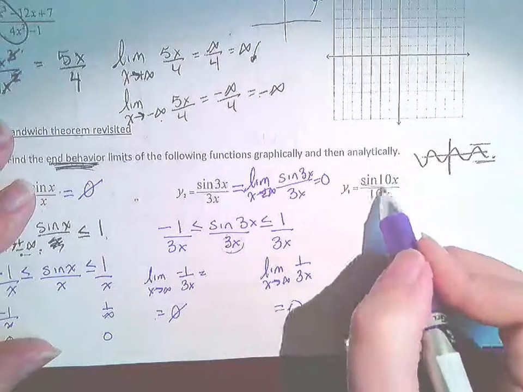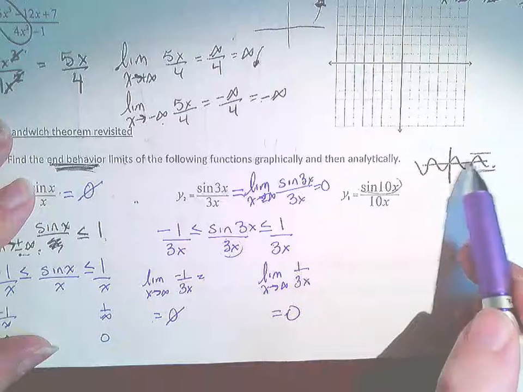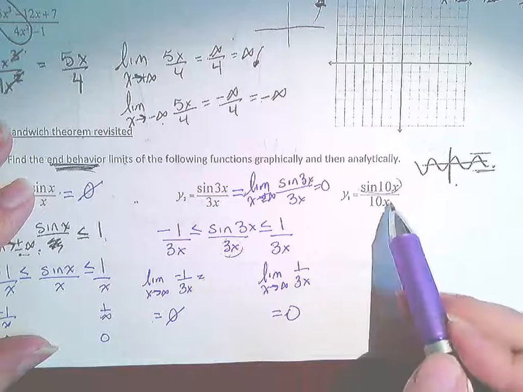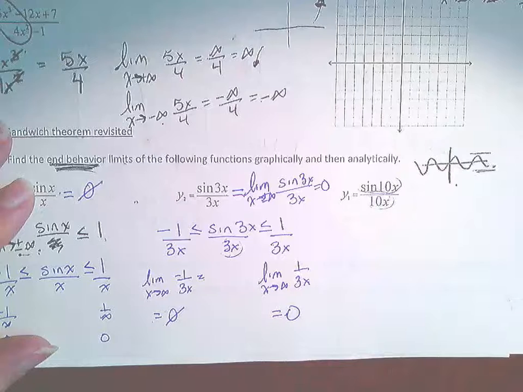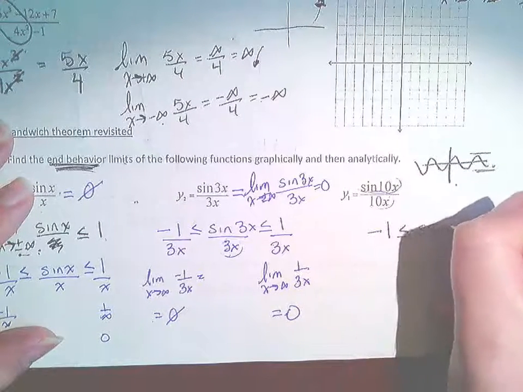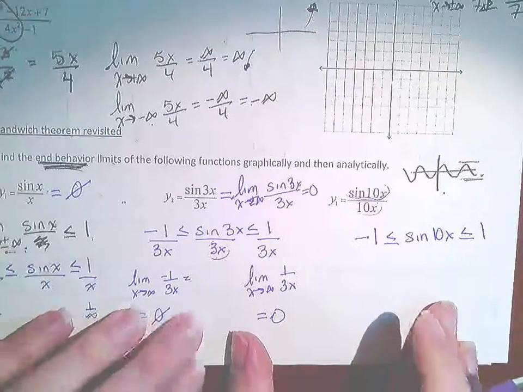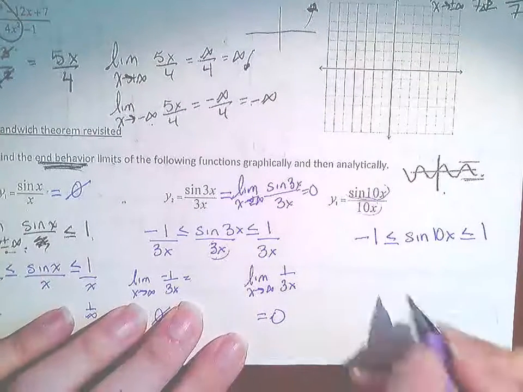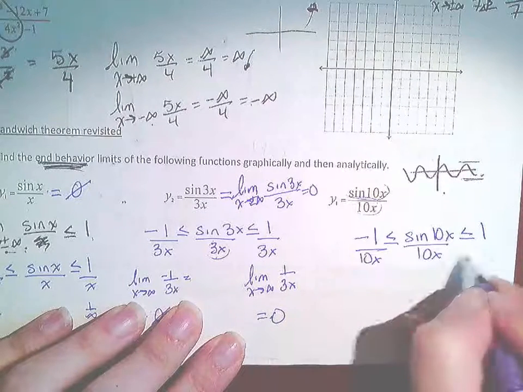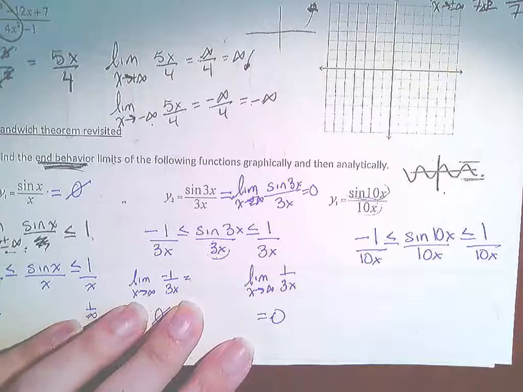If you graph sine of 10x on your calculator, you'll get a similar function just like this that oscillates between 1 and -1. But this 10x is what makes the difference. So the oscillation happens between 1 and -1. Okay? But because of this 10x on the bottom, we do have to give it to both sides.